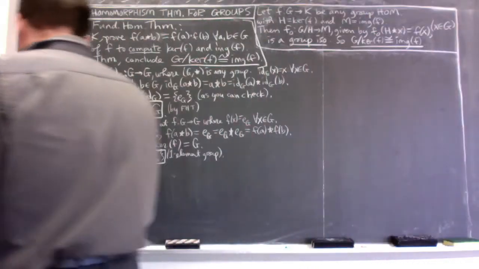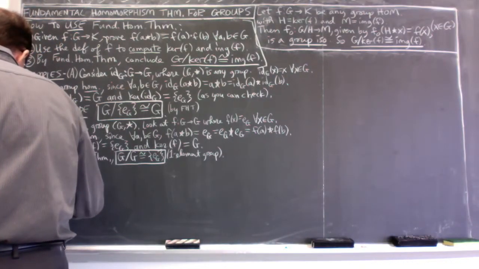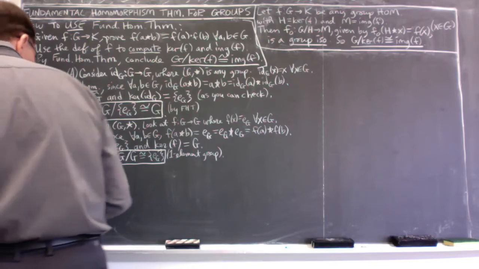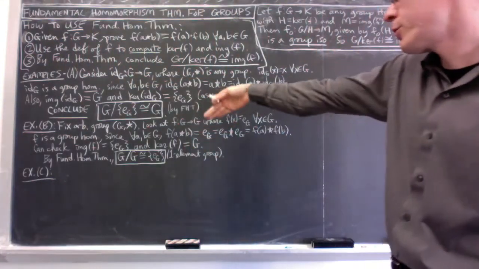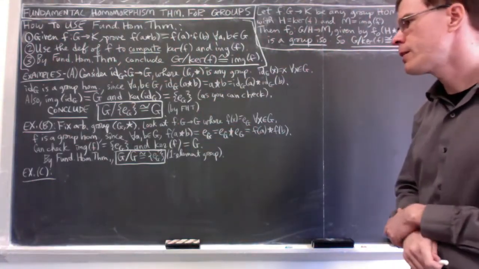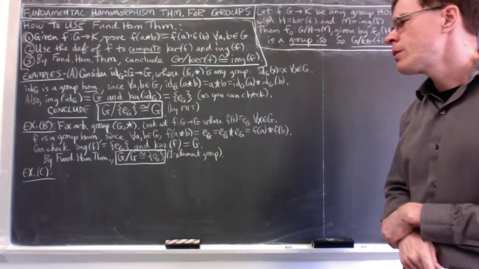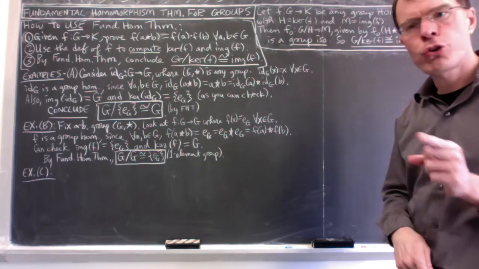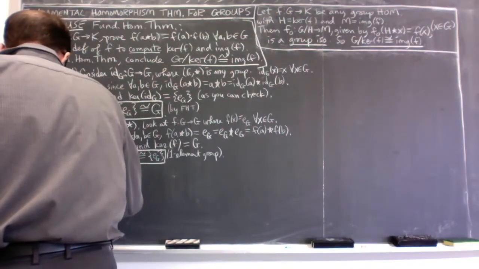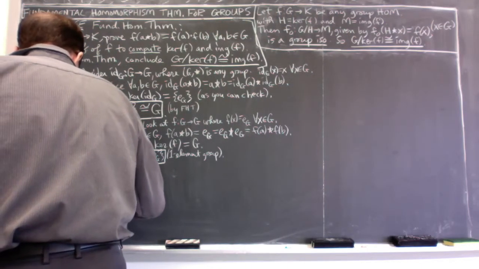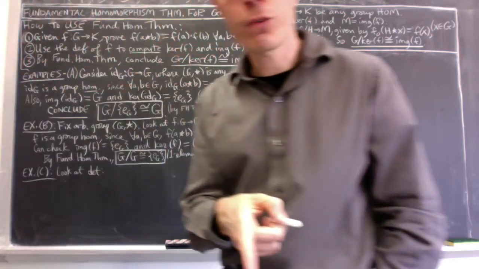All right. So let's look at a more substantive, or more interesting, example. I mean, these are interesting in their own way to get used to what's happening. Let's look at the determinant function on, say, 3x3 invertible matrices.